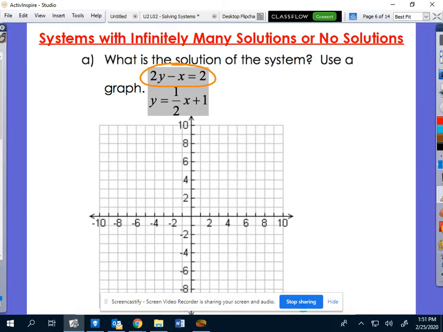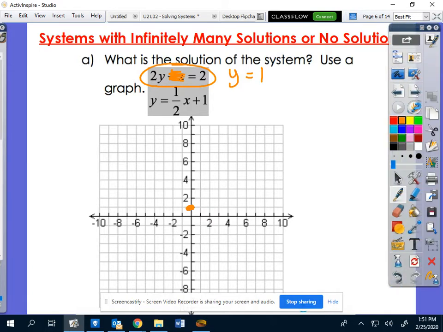So that was something you learned in Unit 1 when we did the standard form and we graphed it. Essentially, if I just cover up the x, you can see that y divided by that 2, so y equals 1. There's your y-intercept. So I can just plot a point right there at 1. And then repeat that process.